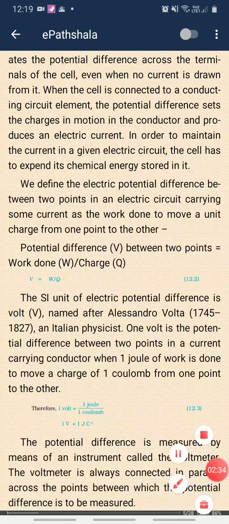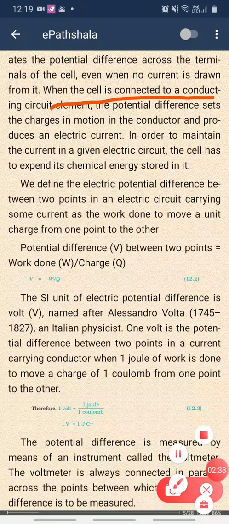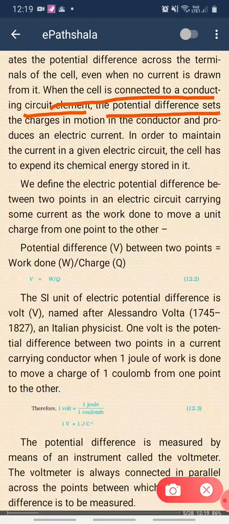So what is happening here is, when the cell is connected to a conducting circuit element, the potential difference sets the charges in motion. Which charges? Electrons. They are in motion in the conductor and produce the electric current. So now you understood what causes the electric current to be produced: it is the potential difference.